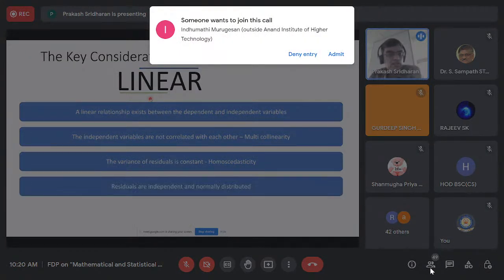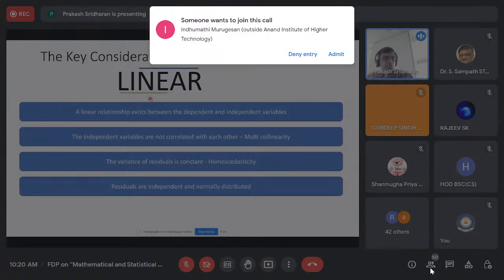The next concept is that residuals are independent and normally distributed. This is another very important point. The words independent and normally distributed, you need to separate and then bring together. When we say independent, we mean we shouldn't have one residual determining what another residual is going to look like.